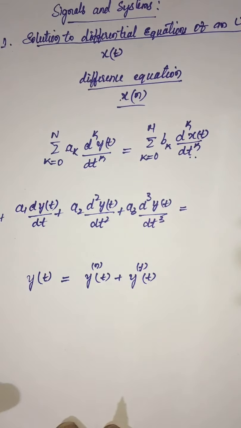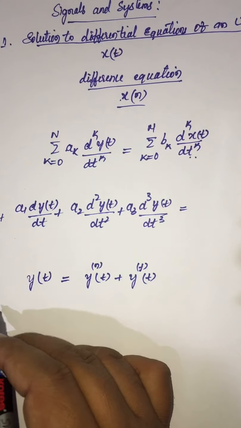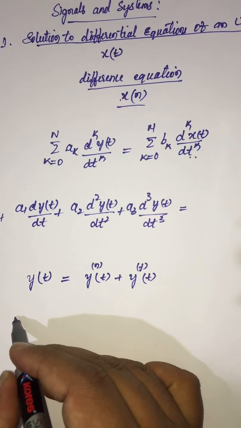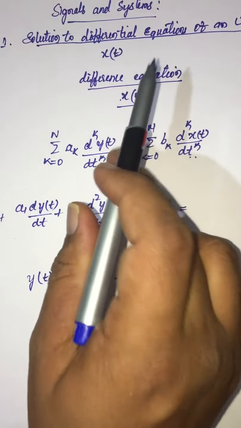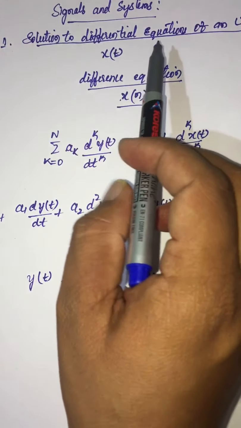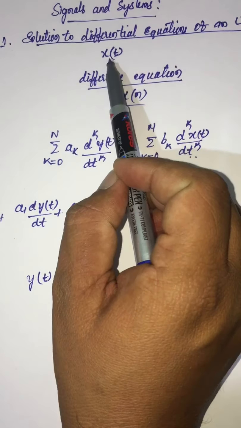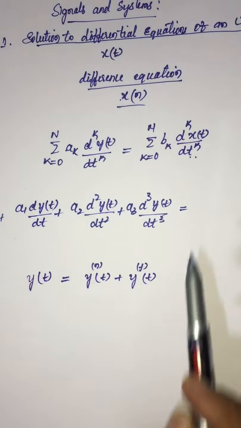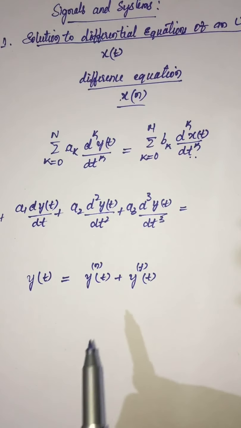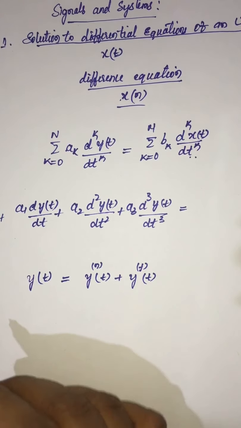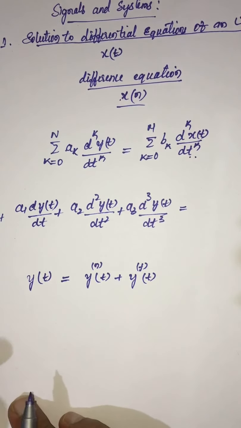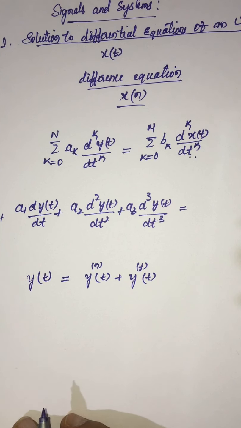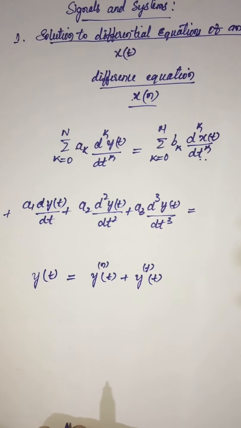So from now on, whenever you are asked to solve the differential equation, as I told you before, differential equation is for x of t, difference equation is for x of n. Right now we are trying to solve the differential equation which is in continuous domain. Let us start with the numerical, where we can understand the different concepts in that numerical itself.